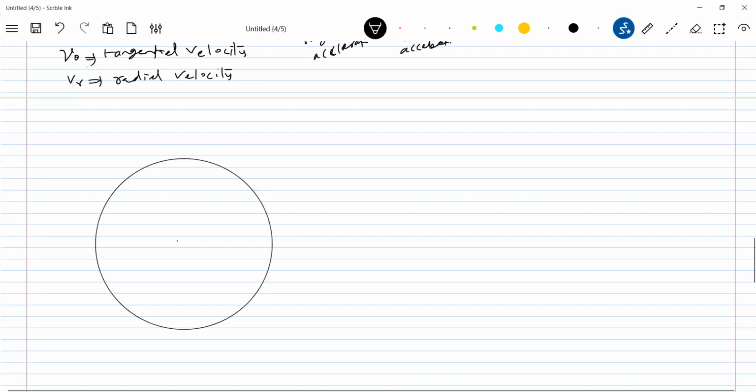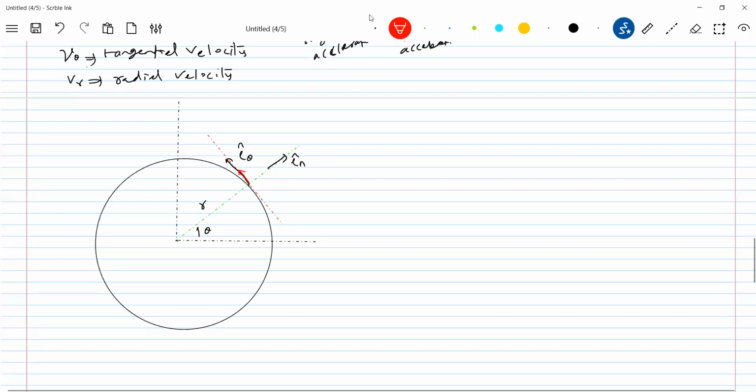Okay, this is a circle, the same thing from where I started. I'll continue from there. So this will be R, this will be e r cap, e theta cap. Let this be theta.